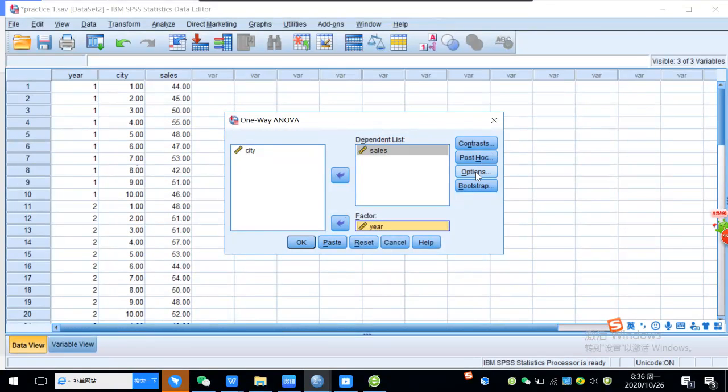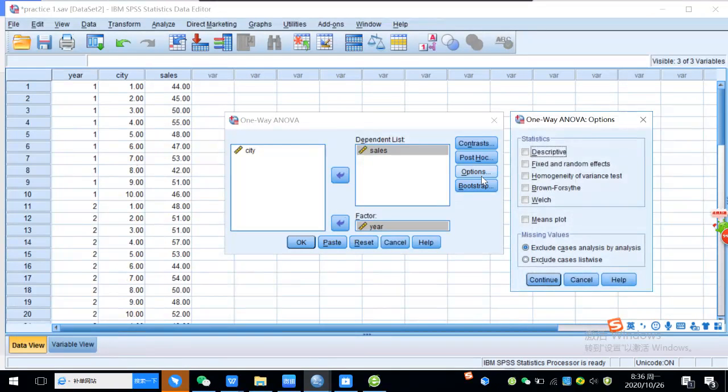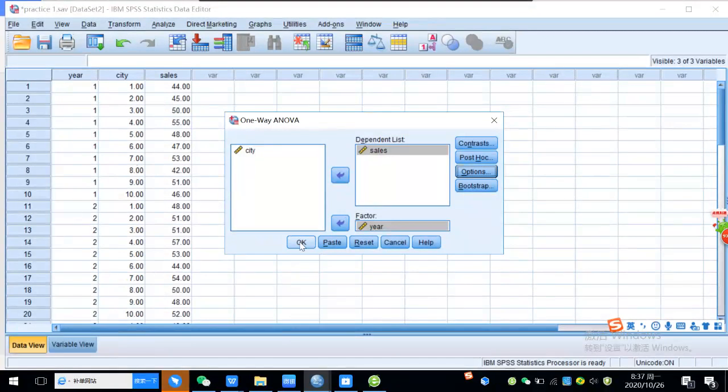And let's look at Options here. Please select the homogeneity of variance test, Brown-Forsythe, and Welch. Means plot, and continue.